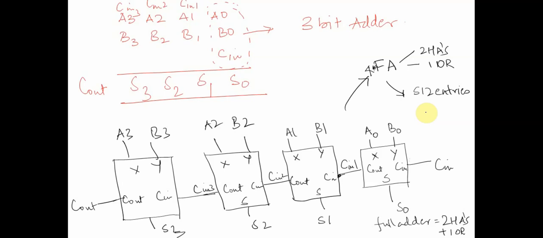Tomorrow, if we have to add two numbers which are 8-bit, a problem statement where we have A0 to A7, an 8-bit number, and B0 to B7, two numbers, then we can simply use two 4-bit adders to get an 8-bit adder, right? And that is all about this particular design, correct?